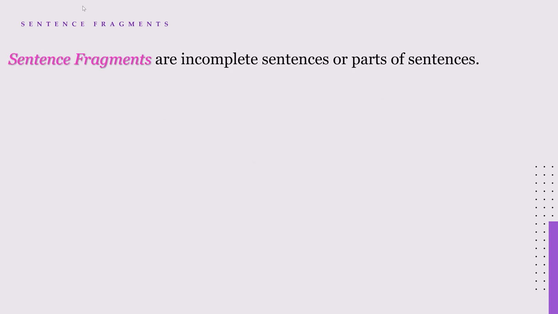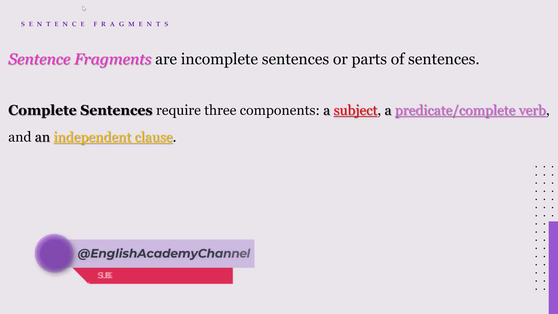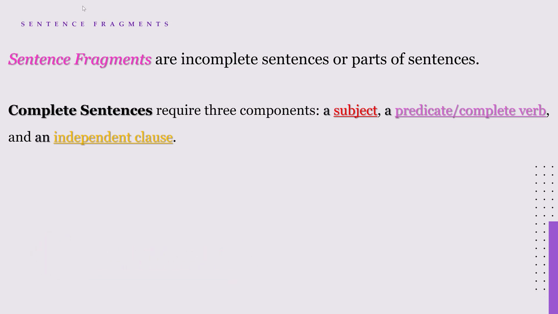Sentence fragments are incomplete sentences or parts of sentences. Remember that complete sentences require three components: a subject, a predicate or complete verb, and an independent clause.